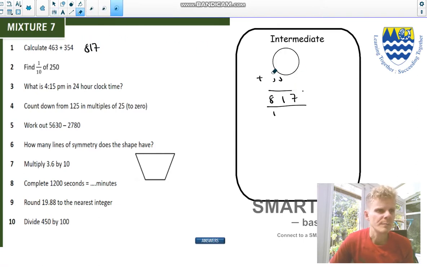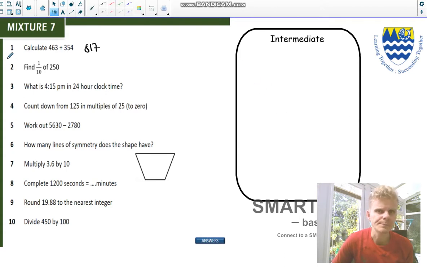Okay, so we looked at fractions in previous weeks for question 2. What is 1/10 of 250? It's really useful to say it that way, because 1 over 10 of 250 doesn't really make any sense. So we say what's a tenth of 250. A tenth of something is a quantity broken up into 10 equal bits, and break up in terms of maths, a mathematical operation, just means divide.